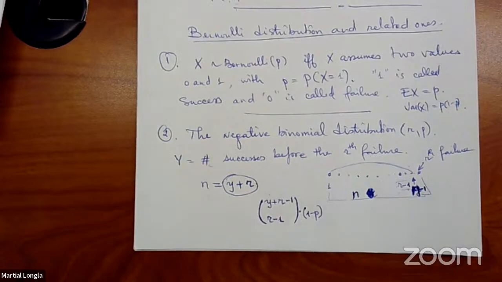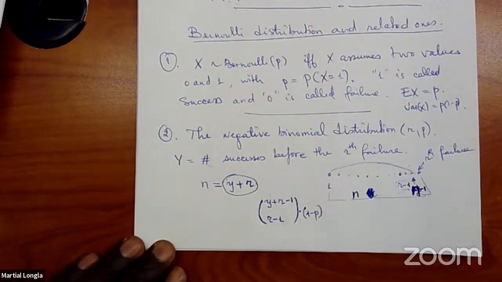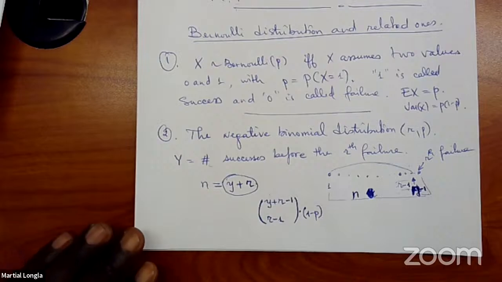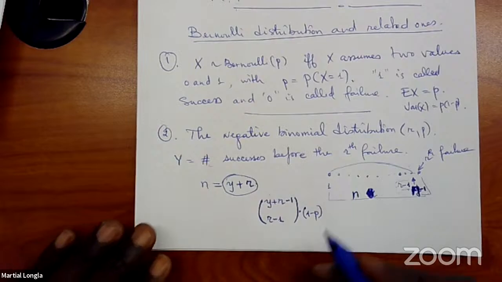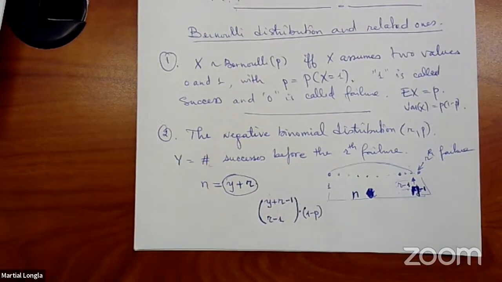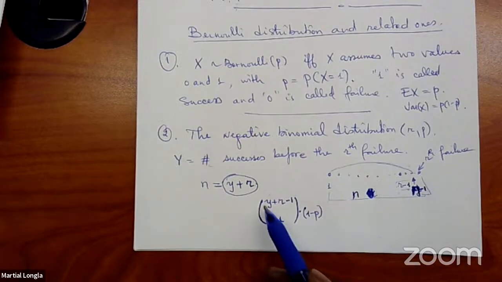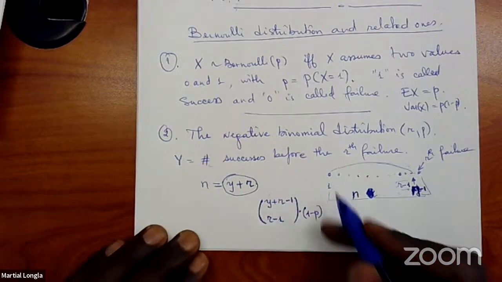Multiplied because they are independent, so the probabilities get multiplied. What should be the power? How many failures are there? R minus 1.